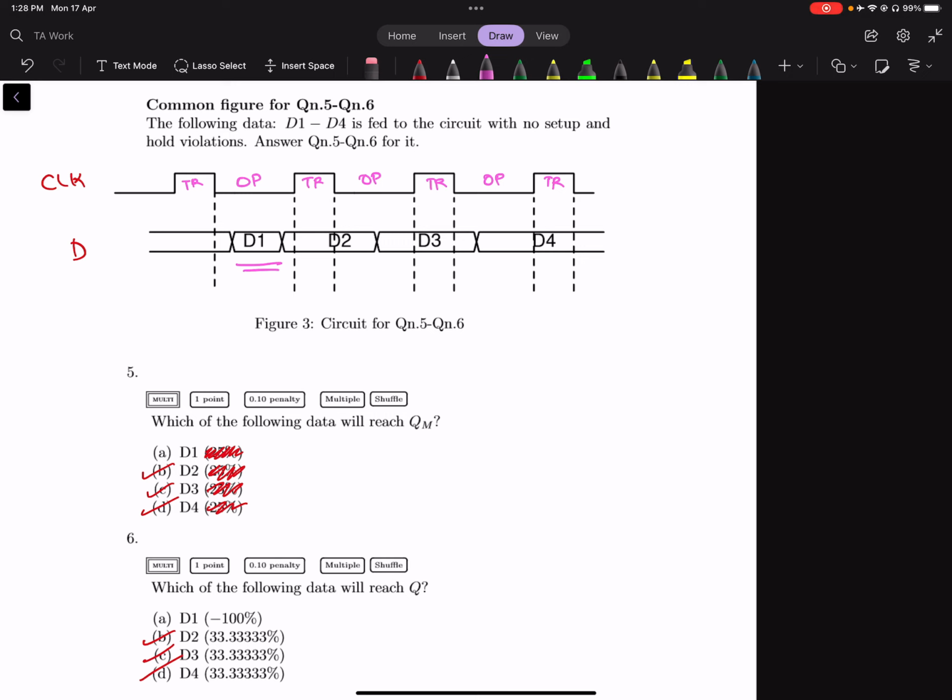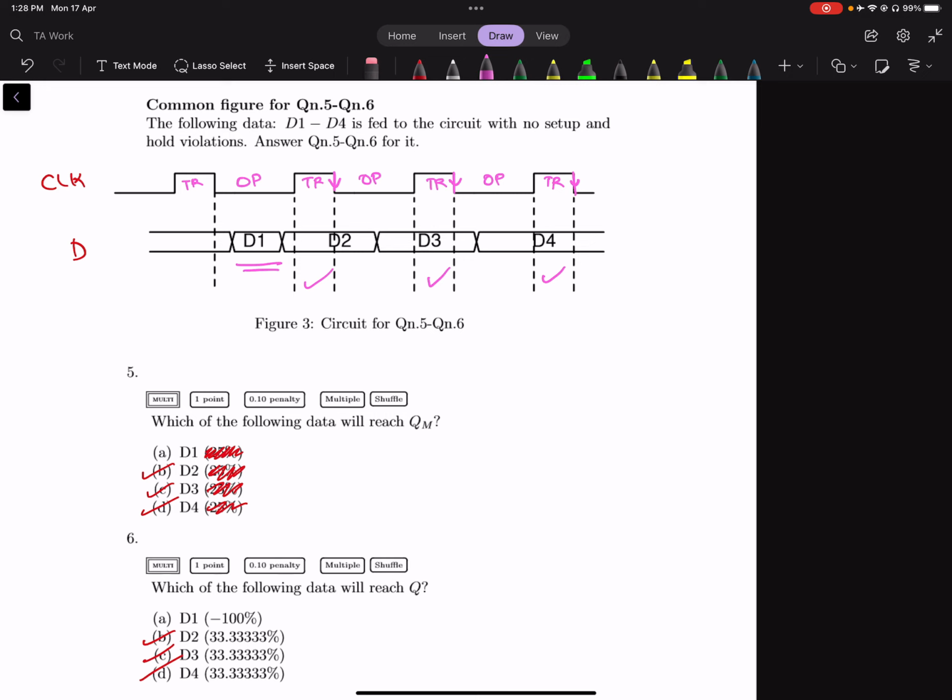However, D2, D3, and D4 are completely present in the transparent phase, and they are present until the point of the negate without any change.